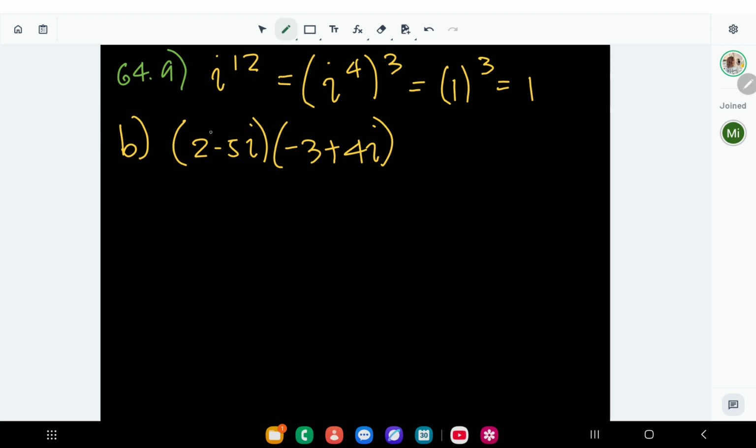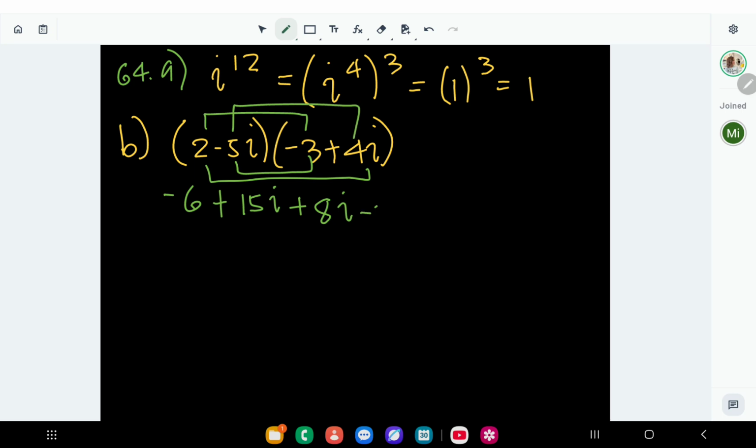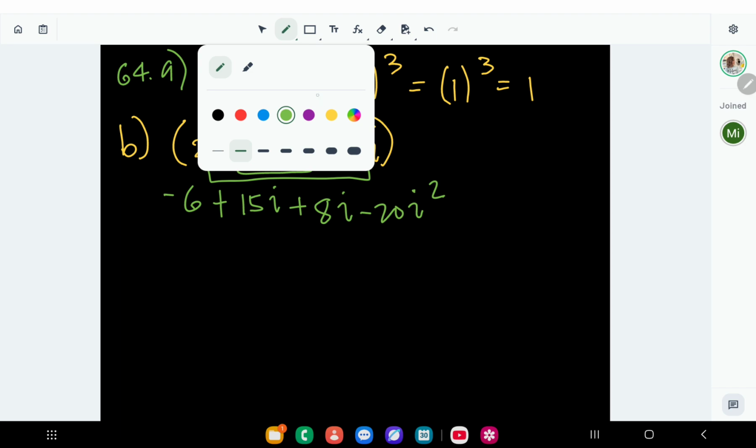Okay, so we FOIL this. 2 times negative 3 is negative 6. Then negative 5 times negative 3 is positive 15i. Then this one, make sure you know how to do this. Then this is negative 20i squared. And we group like terms.